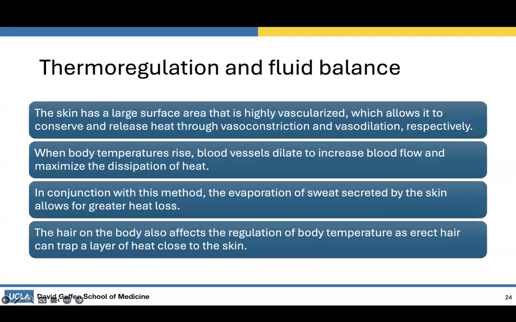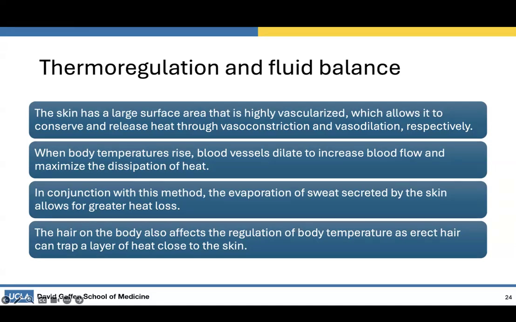Another function is the ability for the system to thermoregulate and maintain fluid balance. With the skin's large surface area that is highly vascular, the skin is able to conserve and release heat through vasoconstriction and vasodilation, respectively. When body temperature rises, blood vessels dilate to increase blood flow and maximize dissipation of heat.